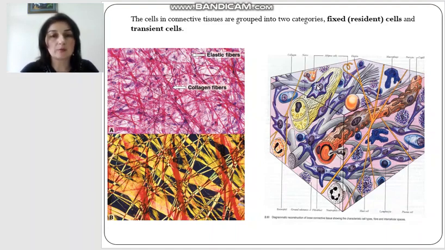For example, the fibroblasts. These are the most abundant and widely distributed cells of the connective tissue. They are tissue-forming cells. They produce all of the components of the extracellular matrix, fibers and ground substance components, all of them are produced by these cells.